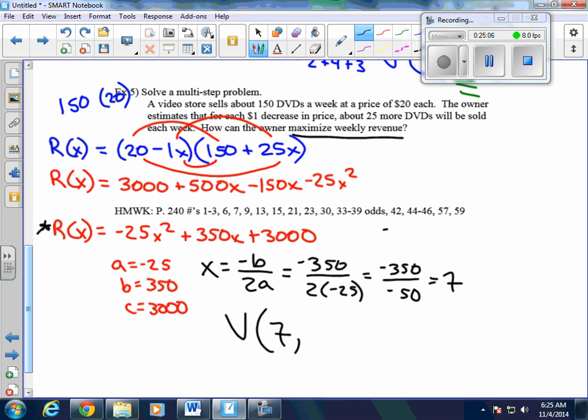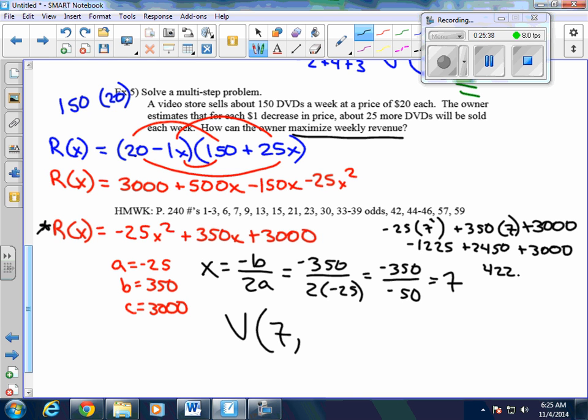So we're going to have negative 25 times 7 squared plus 350 times 7 plus 3,000. So this is going to give us negative 1,225 plus 2,450 plus 3,000, which gives us a total of 4,225.